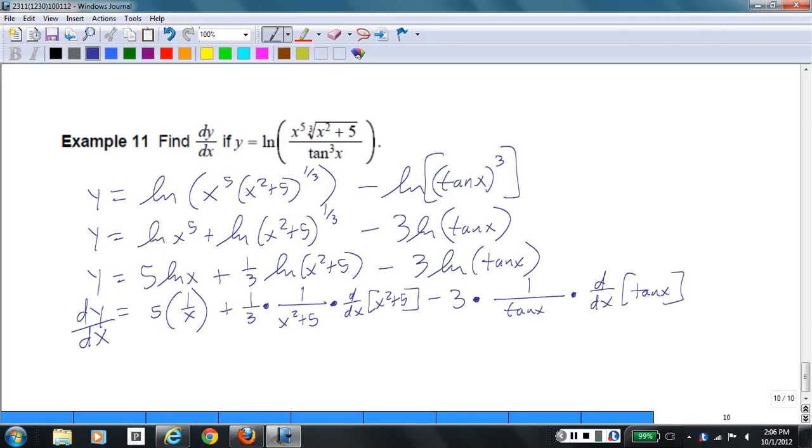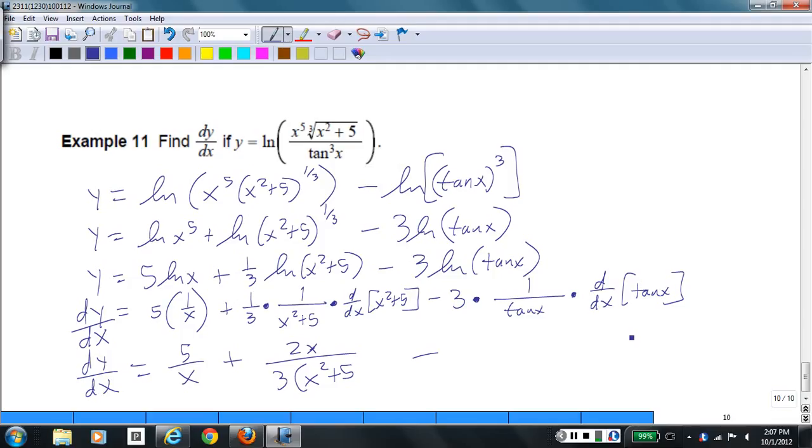The remaining derivatives are nothing really difficult. 5 over x plus, could we say 2x over 3 times the quantity x squared plus 5? You know, the derivative of x squared plus 5 is 2x.